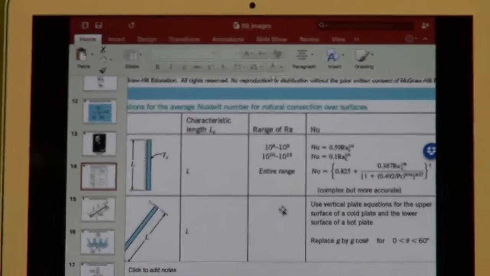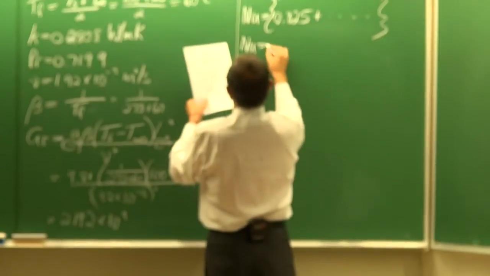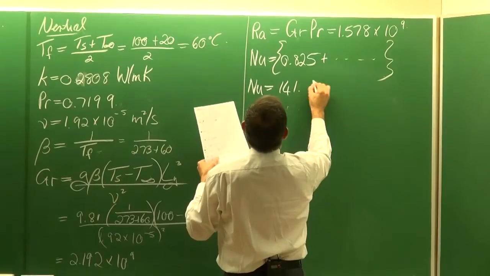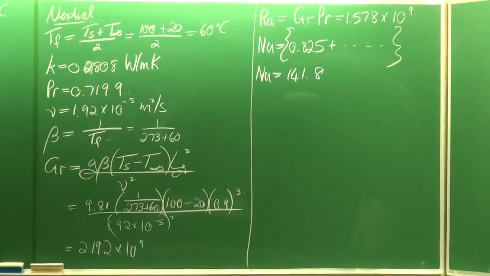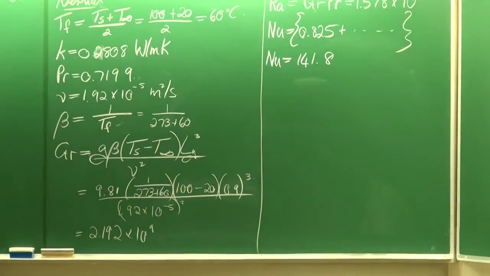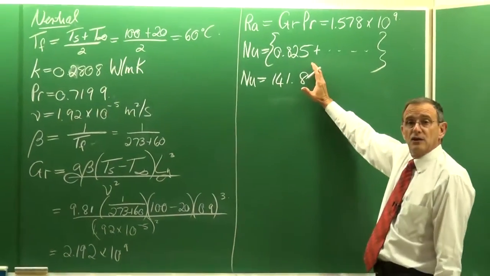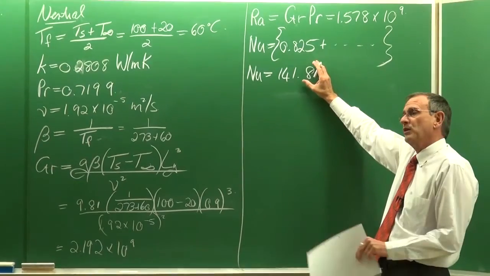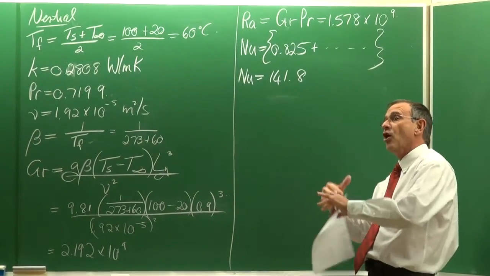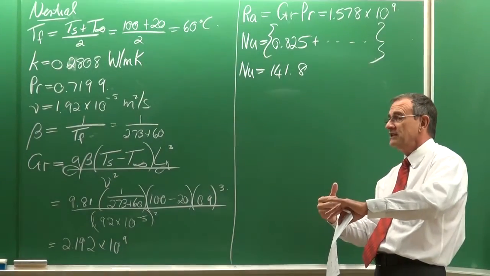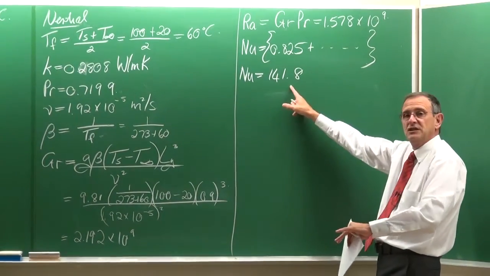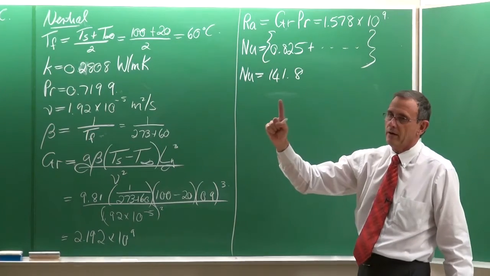So if you go and calculate it, then it gives you the Nusselt number as 141.8. Now what does the Nusselt number mean again? The Nusselt number tells us how much the heat transfer is enhanced in comparison with conduction heat transfer. Because with conduction heat transfer, the Nusselt number will be 1.